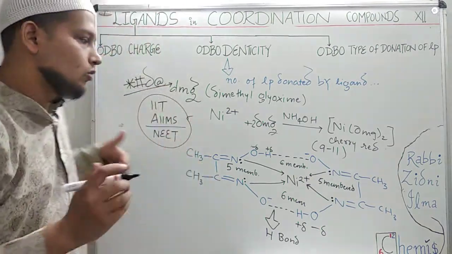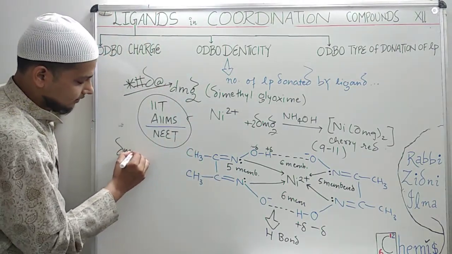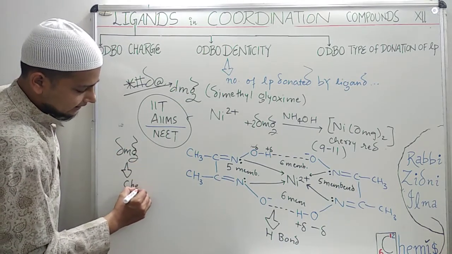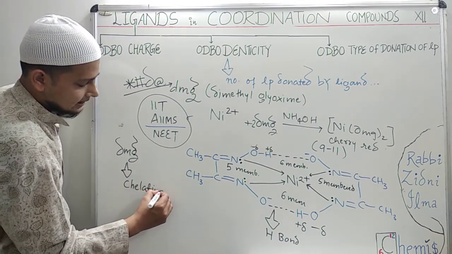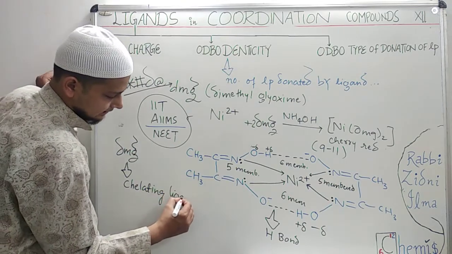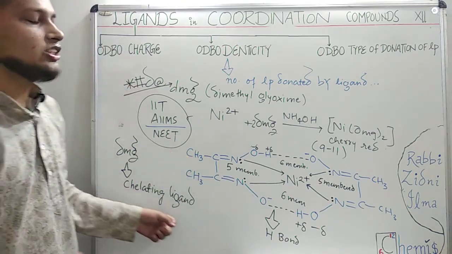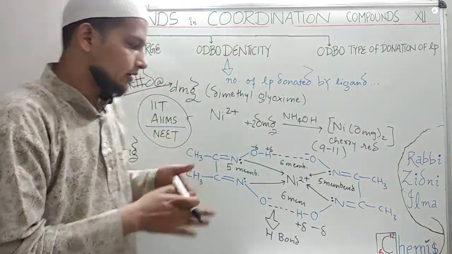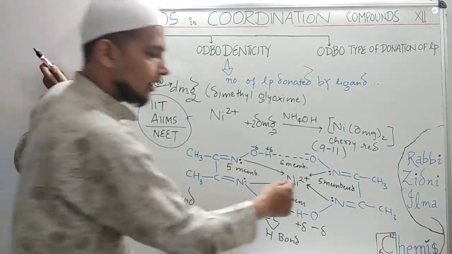One thing I want to tell you, it has not been asked well. DMG is a special category of ligand that is known as a chelating ligand. A chelating ligand is a ligand which forms a closed ring with the central metal. Look here, a closed ring here, a closed ring here.